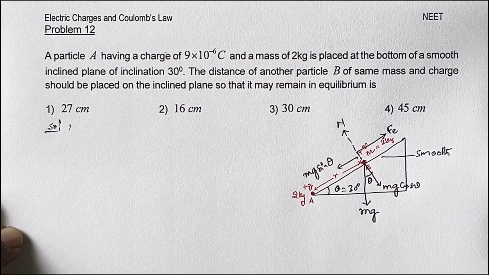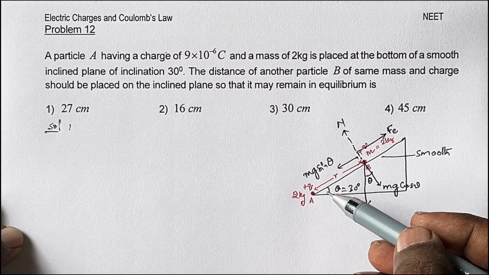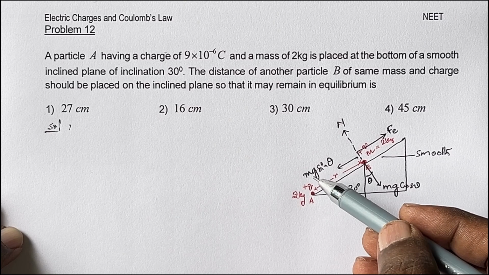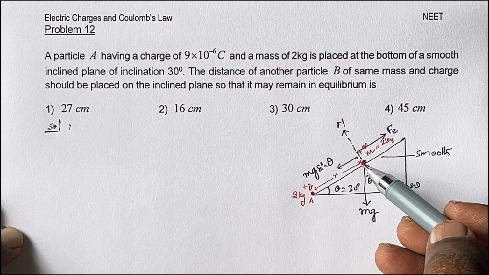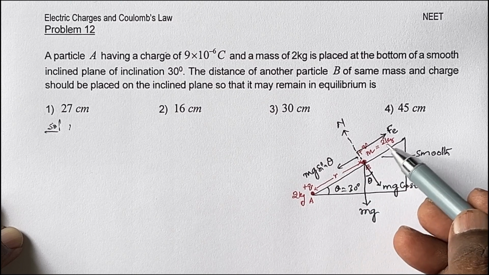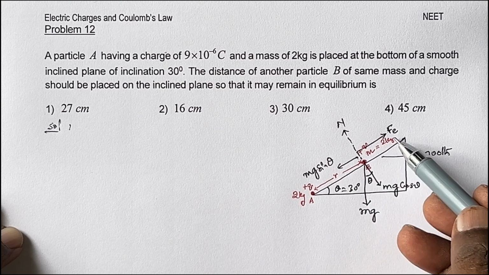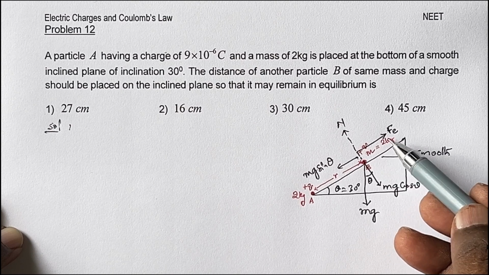See here, when the force diagram is drawn, it is very clear. If a body is sliding down a smooth surface because of the force mg sin theta, but the B particle is not sliding, it means the electrostatic repulsive force, the Coulombian force, is acting in the opposite direction.